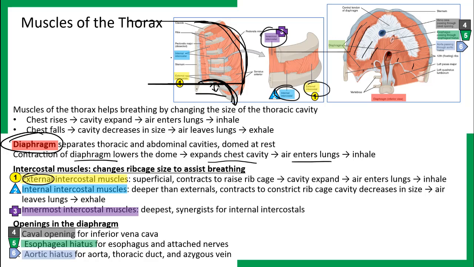The word intercostal refers to the costal cartilage that attach the ribs to the sternum. So that's where the name comes from. So again, just by looking at the name, you know exactly where they're located in terms of how deep or superficial they are, and where in the body they're located. Because it refers to costal, and inter means in between. So you can see here the intercostal muscles are in between subsequent adjacent ribs.